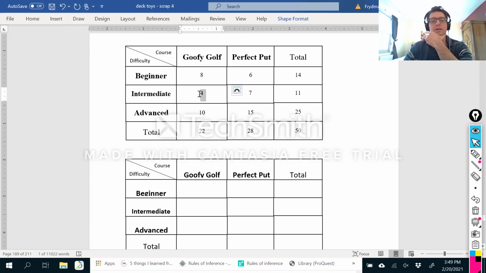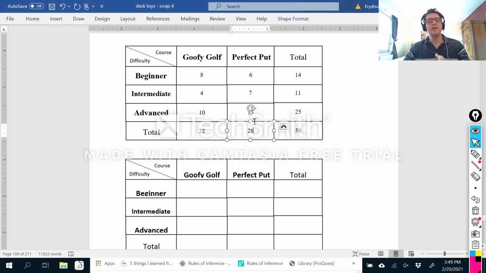There are, just as another example, 4 intermediate, which is like medium holes at the Goofy Golf course, and there are 10 advanced holes at Goofy Golf, okay, for advanced miniature golf players. There's a total of 22 holes at Goofy Golf. There's a total of 28 holes at Perfect Putt. You might be thinking to yourself, wait a minute, aren't miniature golf courses supposed to have 18 holes? If that worries you, then you're taking this way too seriously.